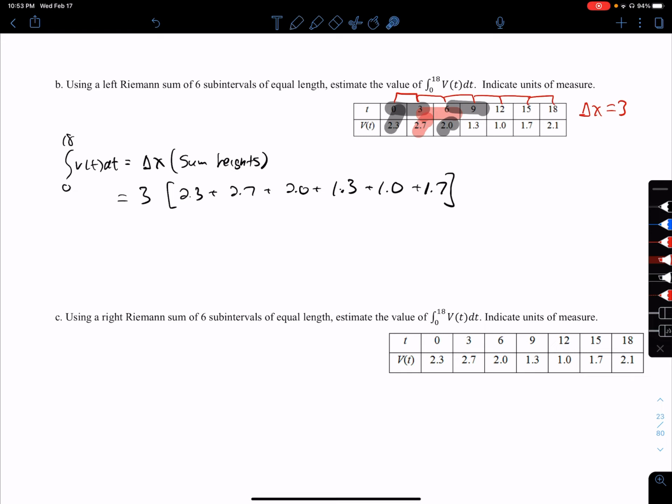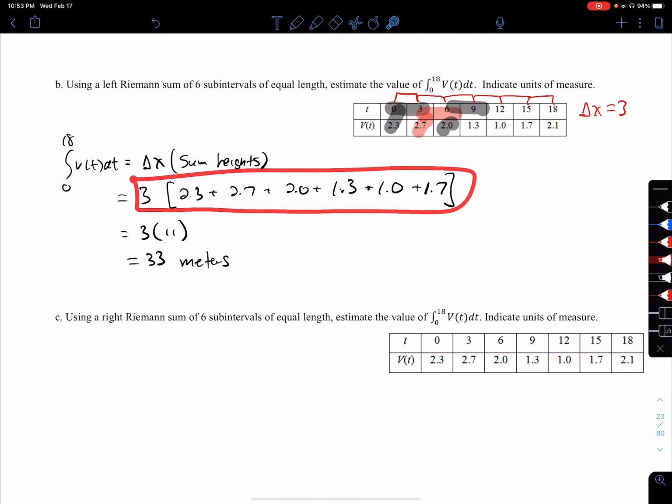When you'd rather write 3 times 2.3, 3 times 2.7, 3 times 2.0, etc., you can do that as well. This is 3 times 11. This is 33. This is the net distance traveled. And we were measuring in meters per second for velocity, so this is meters. On the AP test, you can leave your answer like this. Completely fine.